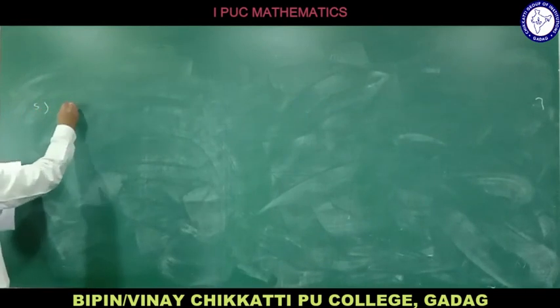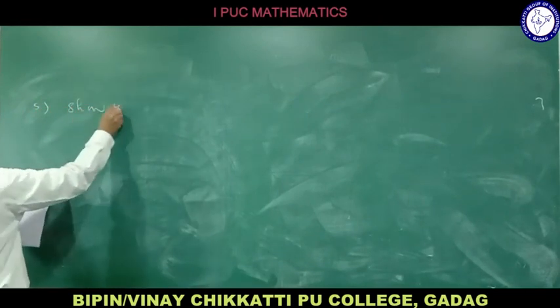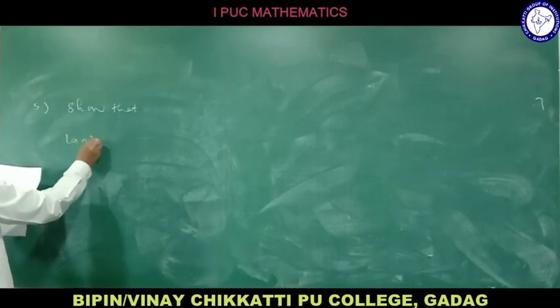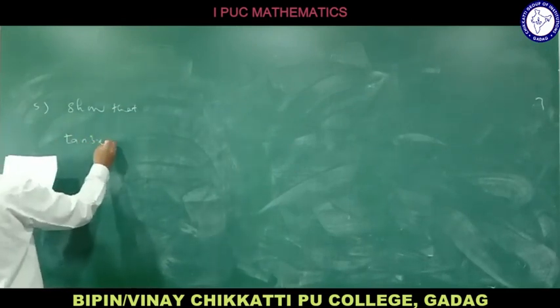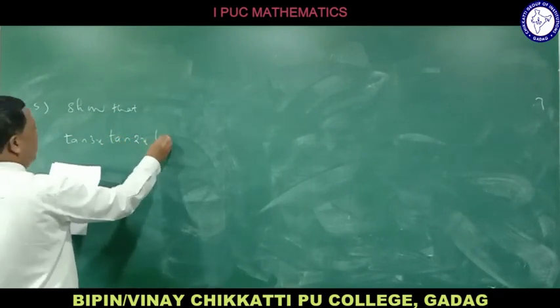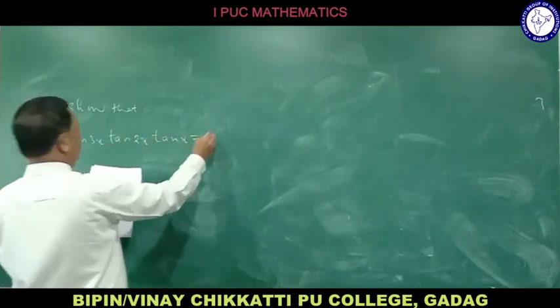Now you see problem number 5, how this can be proved. Very interesting problem. I am going to write it here. Show that tan 3x, tan 2x and tan x, this is equal to tan 3x minus tan 2x minus tan x.